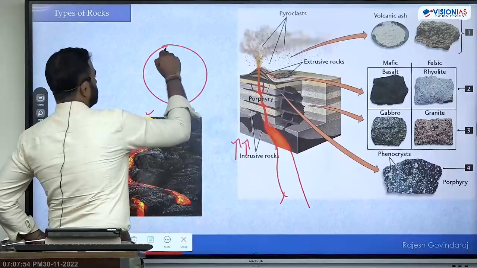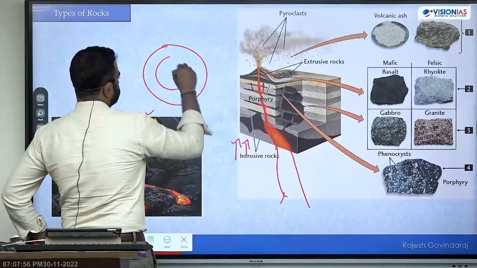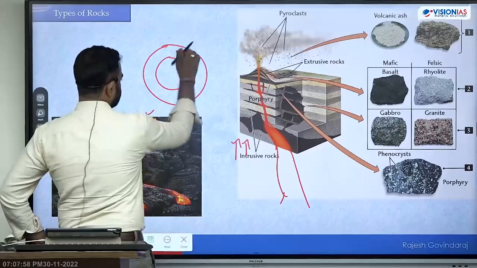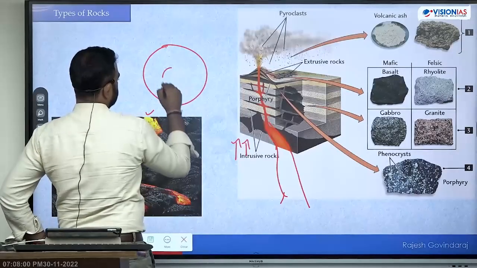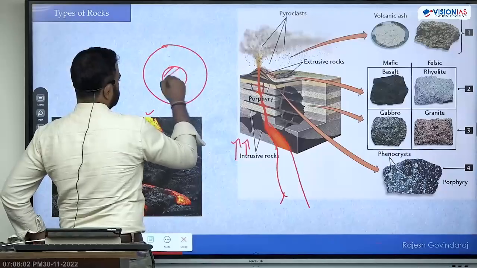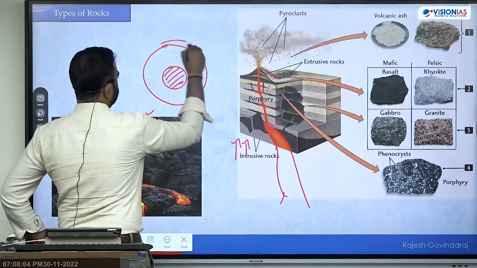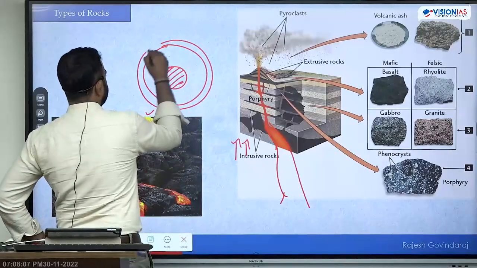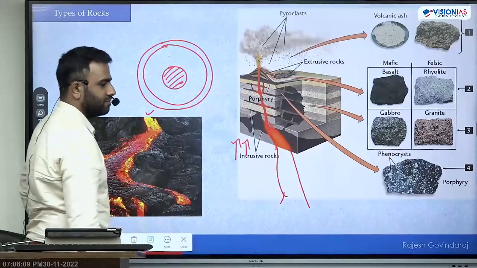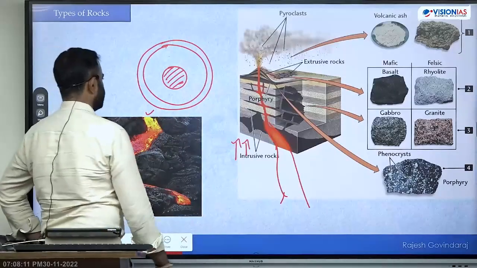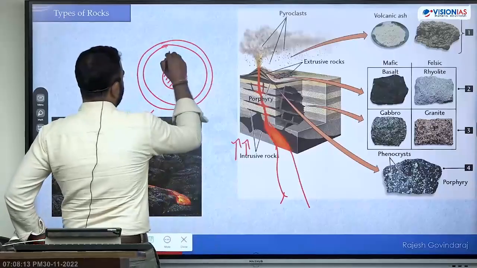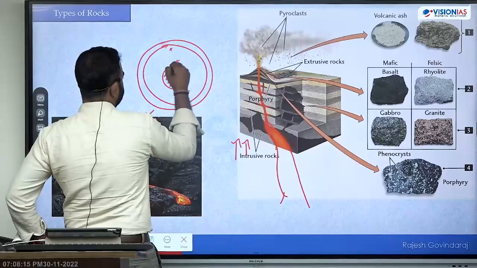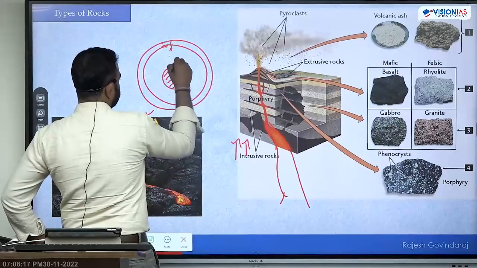So if this is the Earth's interior, let's say this is the core, and let's say this is the lithosphere, the crust. Lithosphere मान लो, hard rigid layer. Whatever magma is generated either from here or from here moves in this direction.